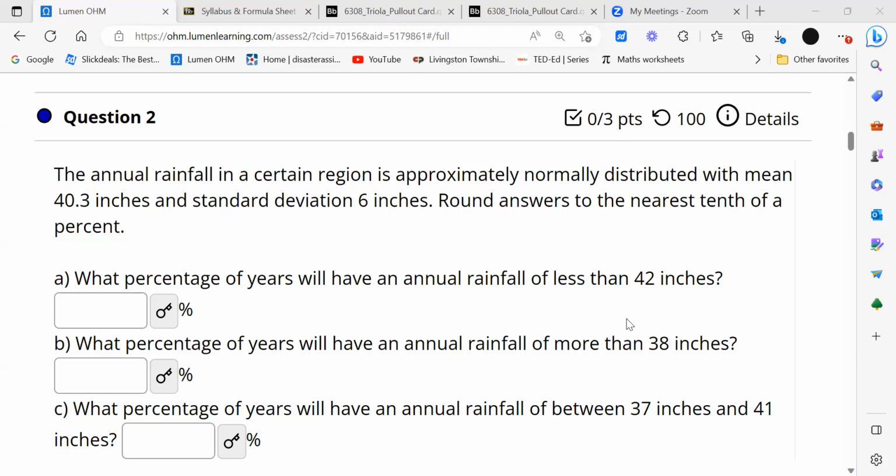So first of all, you take the bigger x value, right? So taking x equal to 41, and the mean is 40.3. Sigma is 6. And we can find out the z-score. X minus mu over sigma, 41 minus 40.3 divided by 6.